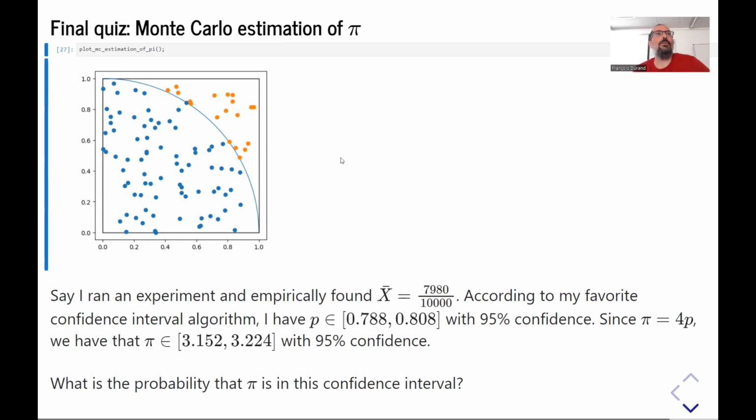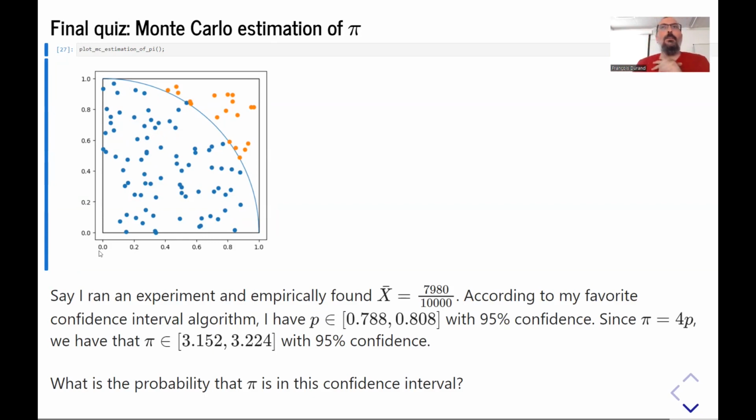Everything is uniform, everything is independent. And for each point, I will record if it's a blue point inside the unit circle, or if it's an orange point outside of the unit circle. And at the end, I say that in theory, in the long term, the proportion of blue points should be pi/4. So to estimate pi, I will just take the proportion and multiply it by 4.